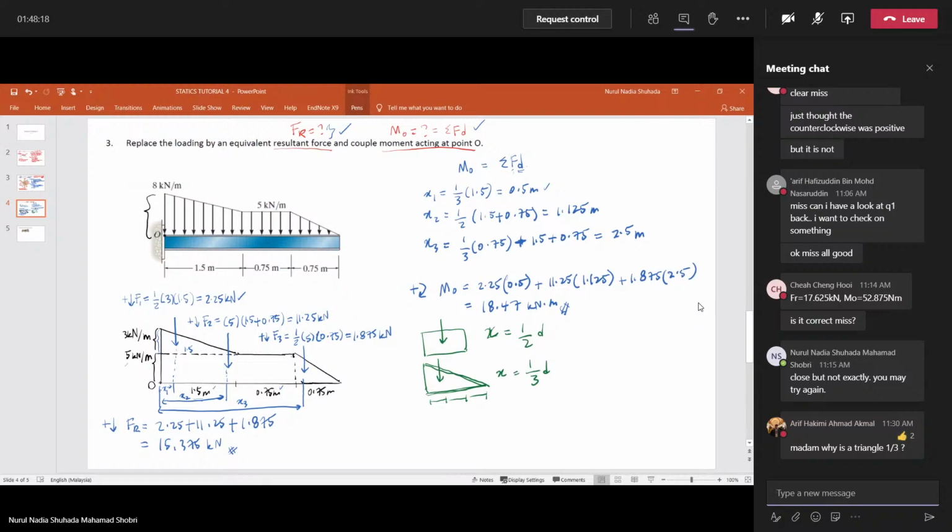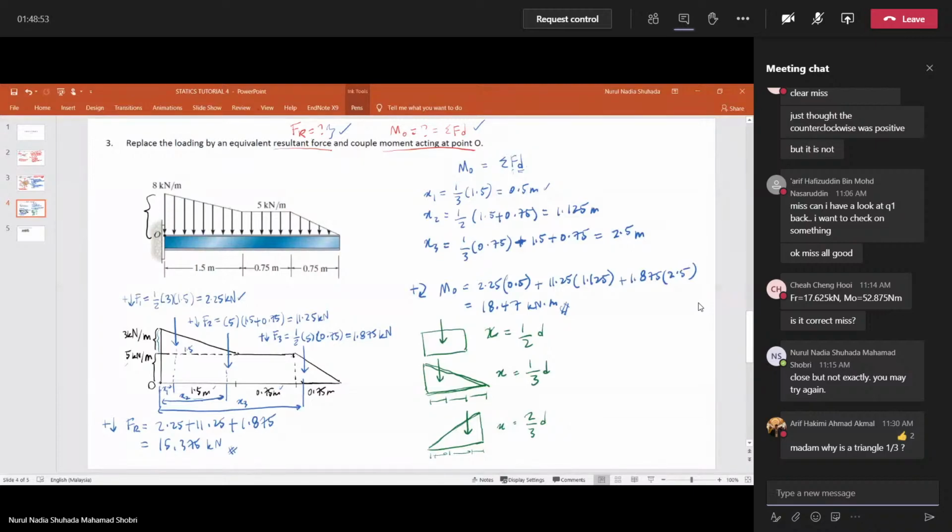But if the triangle is positioned like this, okay, then the force would be around here, the last 1/3 of the triangle distance. So this should be 2/3 d.